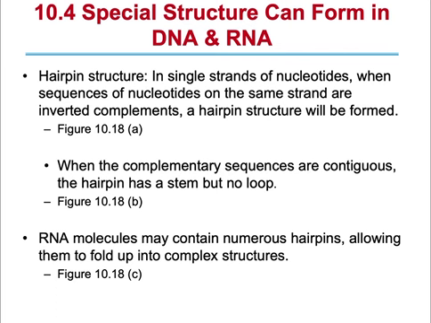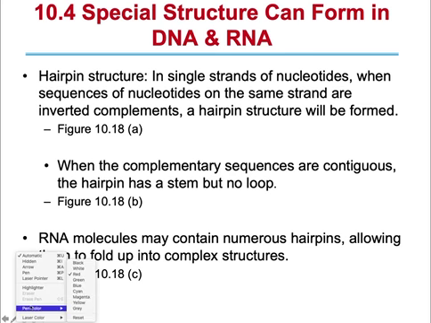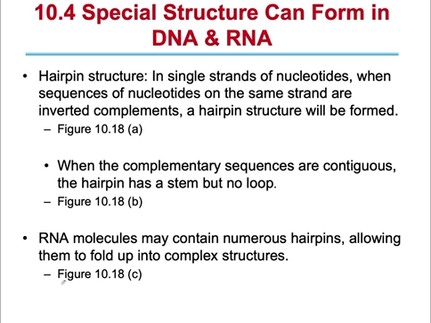in which a single strand of nucleotide can be complementary within the strand and form what we call a hairpin loop. Okay, if I were to draw a hairpin loop, let's do it in blue. It would look like this, where let's say this is the 5' end of the molecule, right?